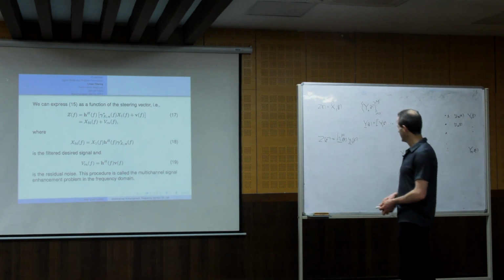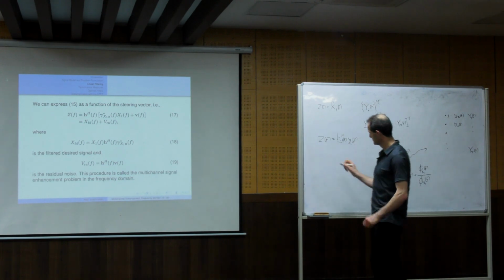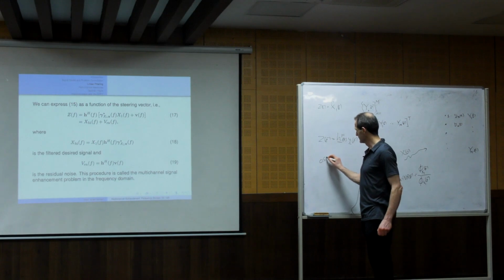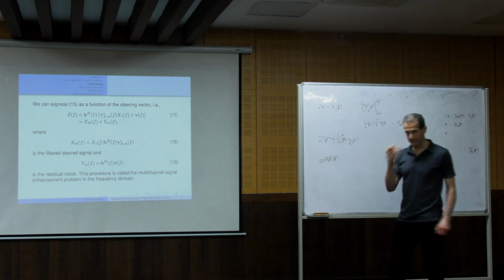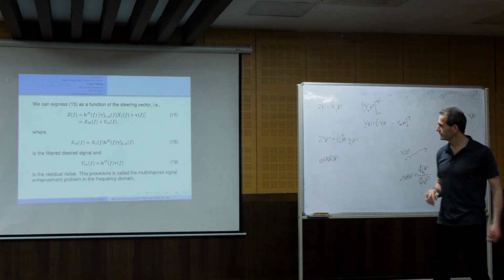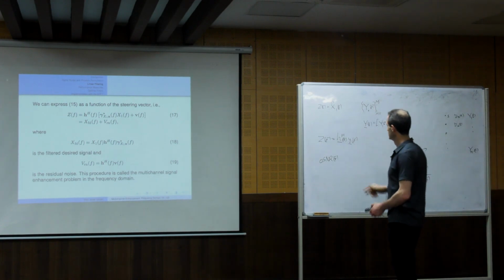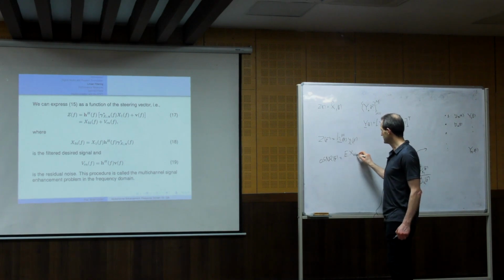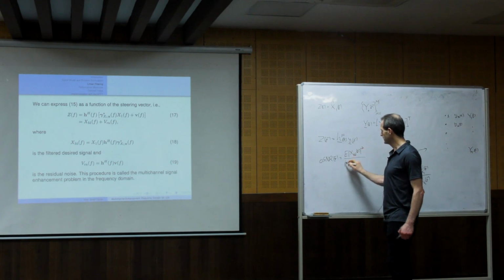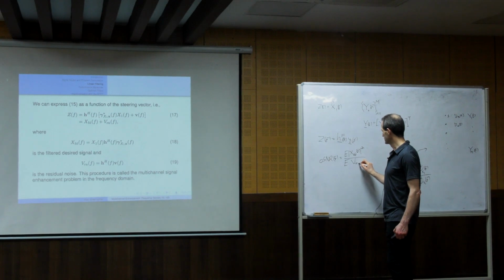Okay, so the narrowband output SNR will be the variance of the filtered desired signal divided by the variance of the residual noise.